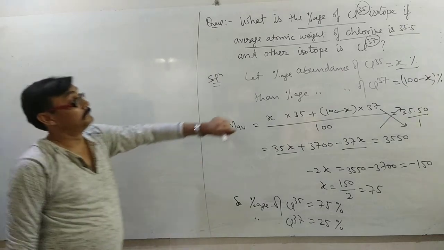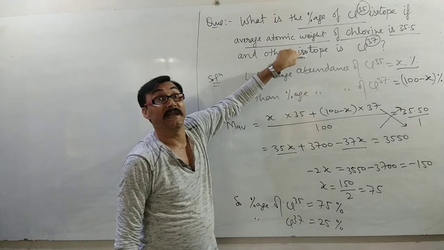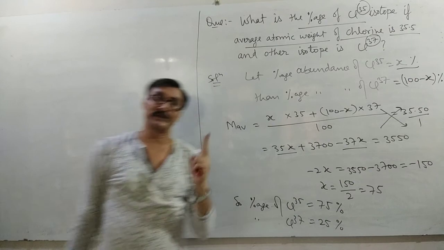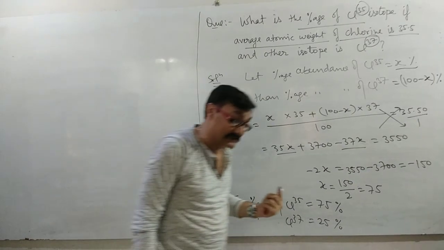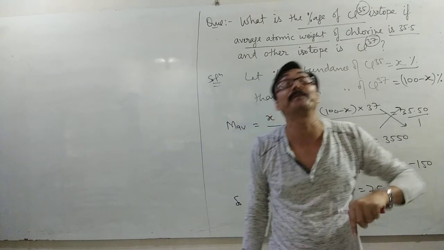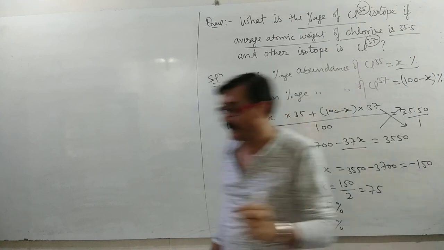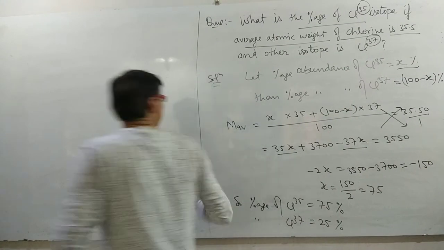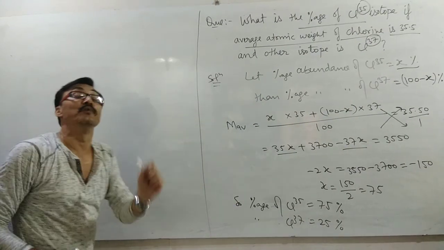To solve such questions, if there are only two types of isotopes and the percentage abundance of one isotope is asked, then there is a trick to solve such a question in a few seconds.